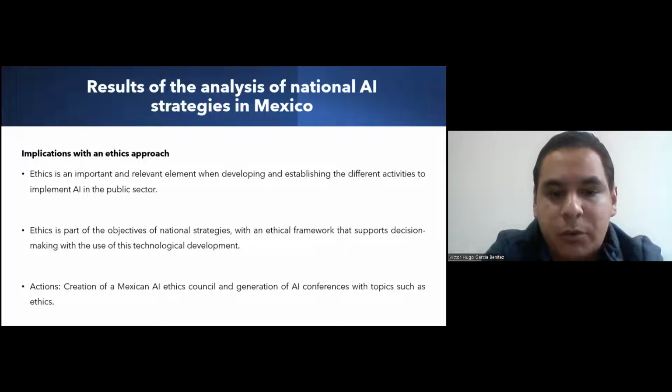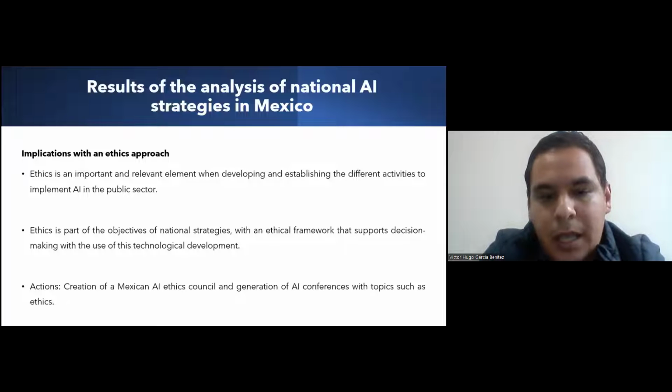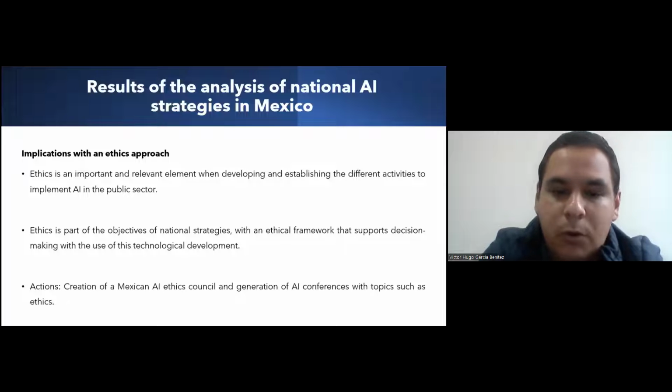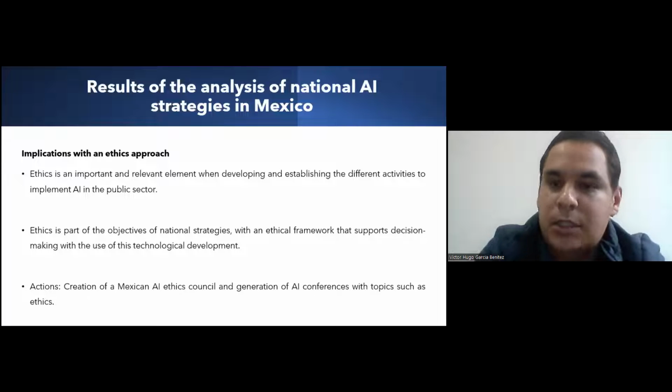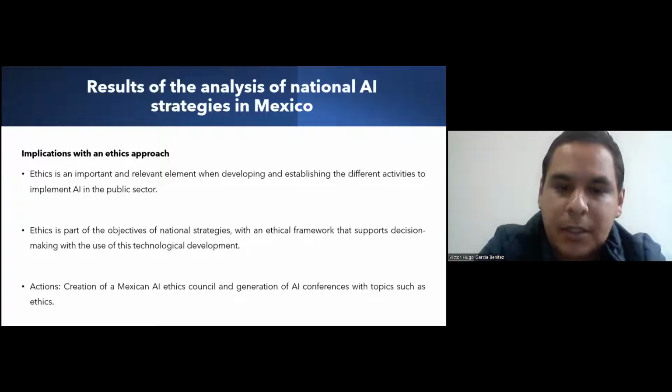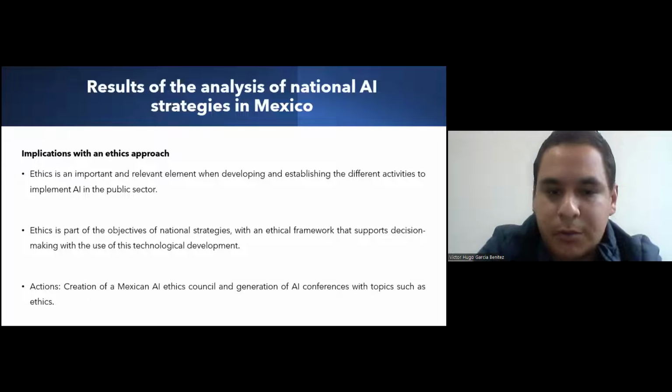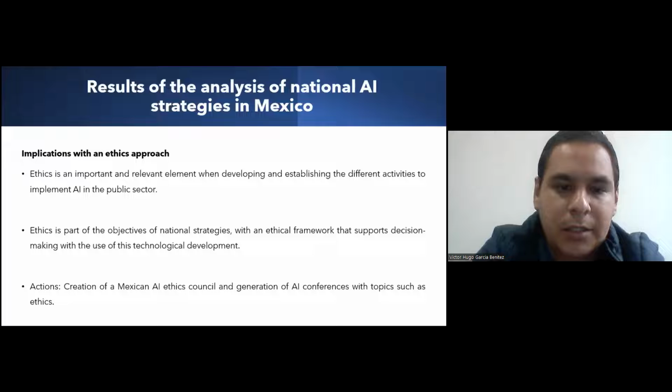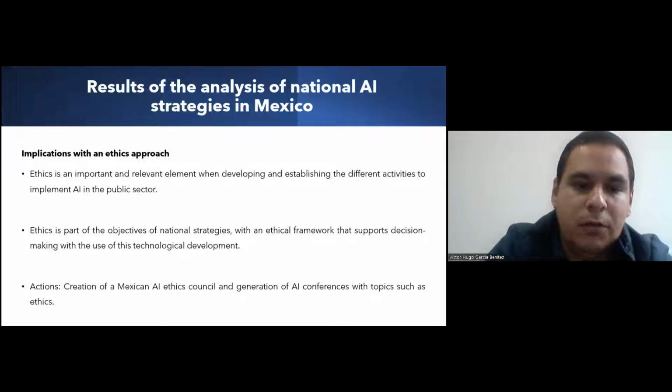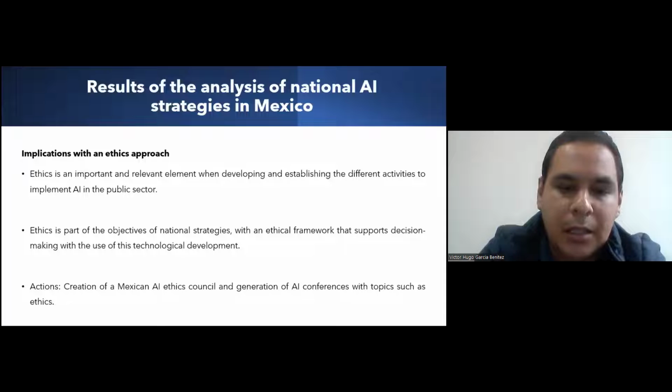In the case of the principles that govern the documents, ethics plays a fundamental role in the formulation, considering justice, data protection, privacy, and transparency as ethical principles. In relation to the scope and actions, the documents propose the creation of an AI ethics council in Mexico and the generation of AI conferences with topics such as ethics.